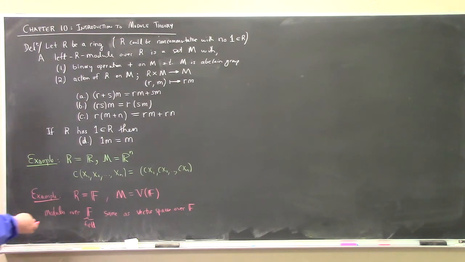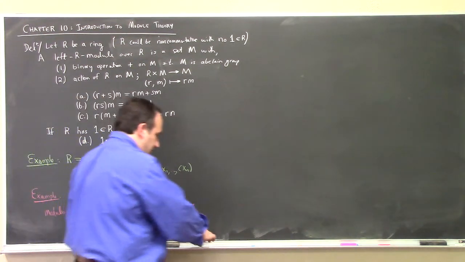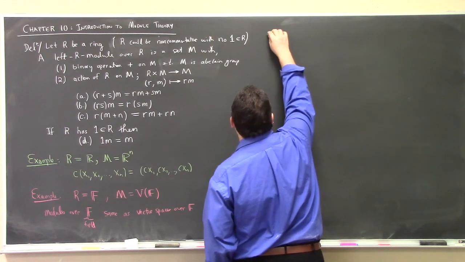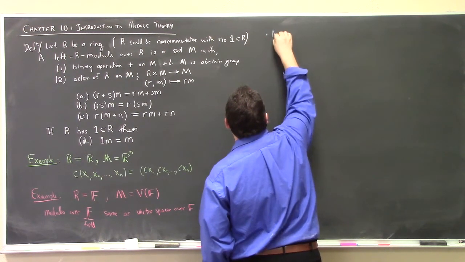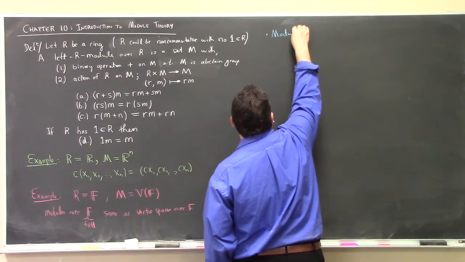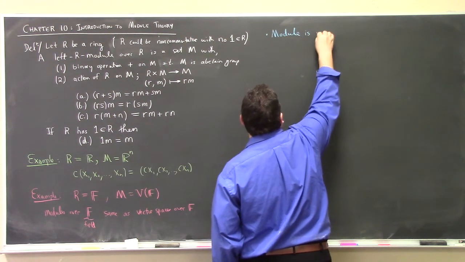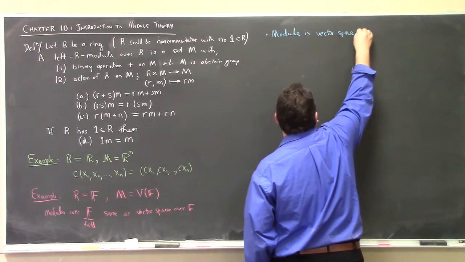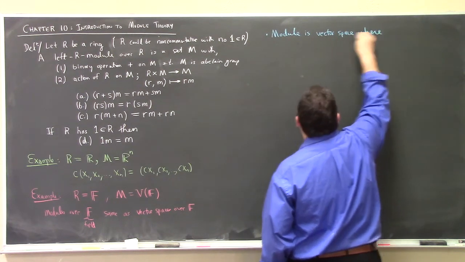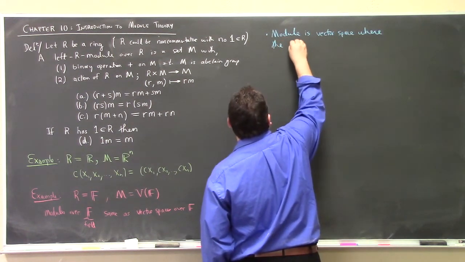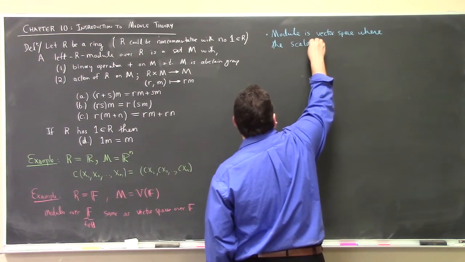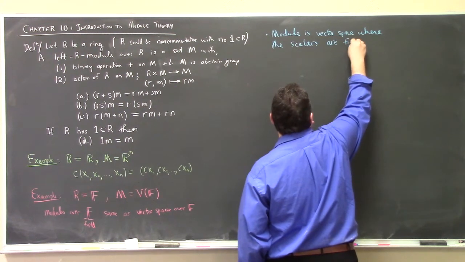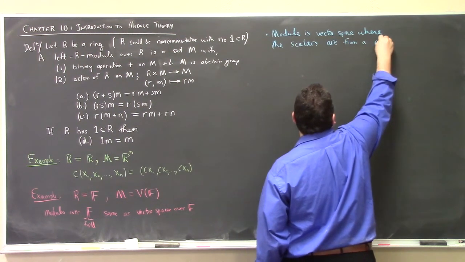So that's another way I often think of a module, and this is sort of an intuition for it: a module is a vector space where the scalars are from a ring rather than a field.